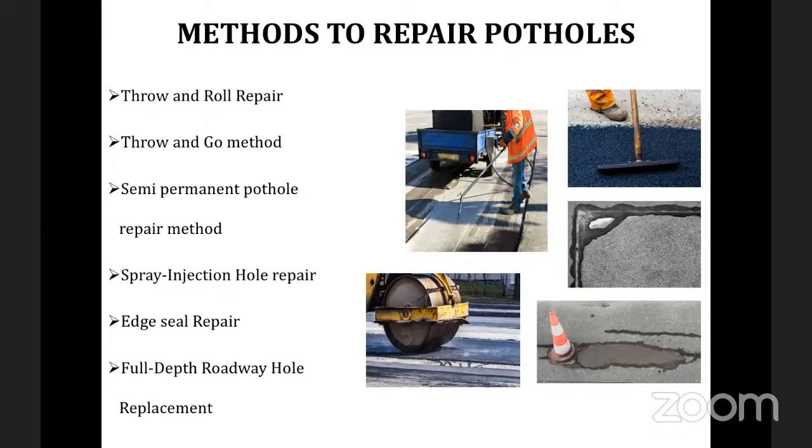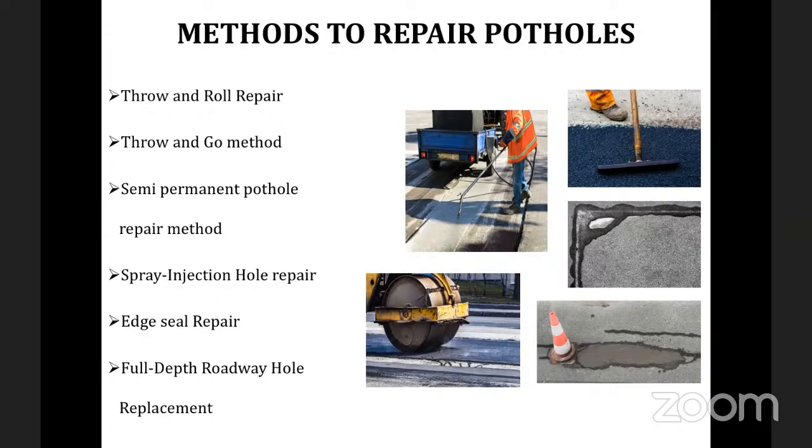If the patch is irregular, they will make it a square patch. After that, they will put the material and compact it. In the semi-permanent method, the most commonly used equipment is material trucks and compaction devices, that is a vibratory roller or a single drum roller, or a jackhammer or cold milling machine.